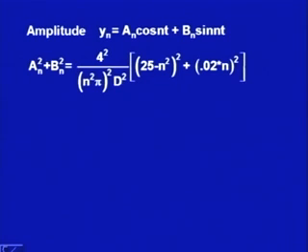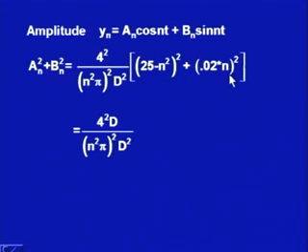If I do calculate, as you have seen in the last one, a_n was 4 upon n square pi d, and then some terms 25 minus n square whole square and so on, and then I added up b_n square. What we do get, if you see this term, this is again your d. So, we have got 4 square d upon n square pi square d square. That could be simplified as 4 square upon n square pi square whole square d.